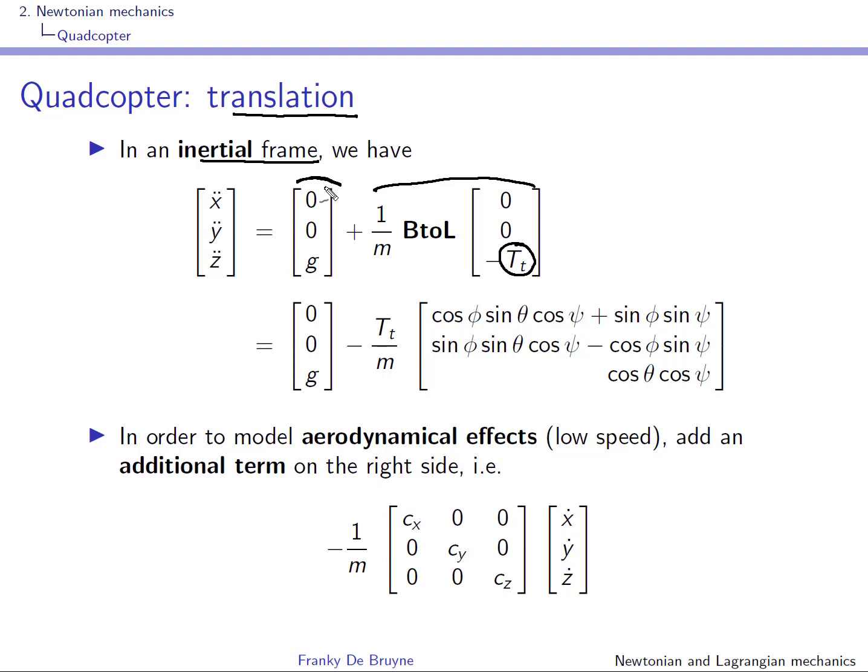The thrust is pointing in the direction minus z, but in the body frame. So in the body frame, the thrust will be 0, 0, minus the total thrust, right? But this is here in the body frame.